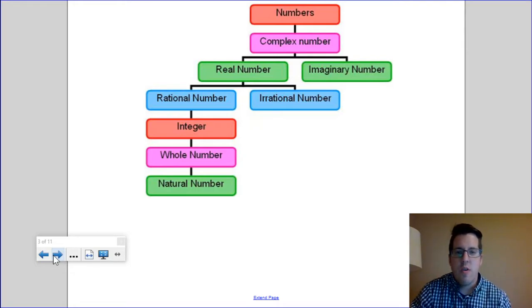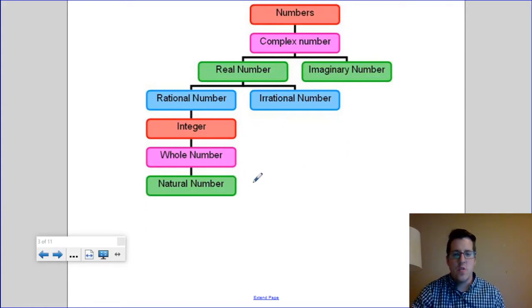We have a hierarchy or taxonomy of numbers. All numbers are complex numbers, and complex numbers are made up of real numbers and imaginary numbers. Inside real numbers, numbers can be rational or irrational. And a rational number might also be an integer or a whole number or a natural number.